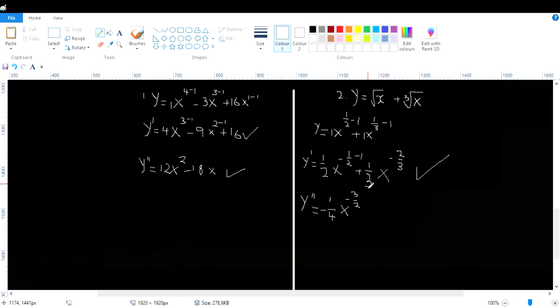Coefficient here is 1 over 3, then the power here is minus 2 over 3. 1 over 3 multiplied by minus 2 over 3, answer is minus 2 over 9. Yes, minus 2 over 9. Minus 1.